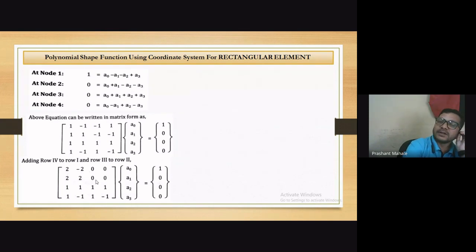Actually, the end result is that we are moving towards a diagonal matrix. I don't know whether you remember this term or not. I want a diagonal matrix of 1s, a diagonal unit matrix, or simply a unit matrix, which is also enough.